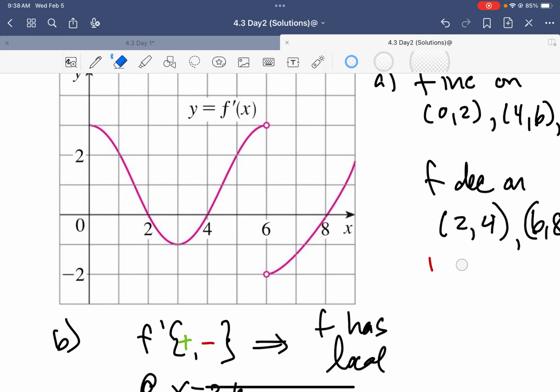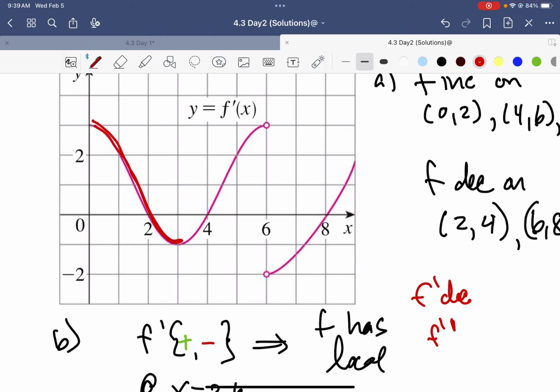And now where it gets interesting is you say, okay, well, where's the original f concave up or down? Well, do you notice that f prime is decreasing on this interval? That's the same thing as saying that the change in f prime is negative. So that means that f is concave down on this interval, and that's it.